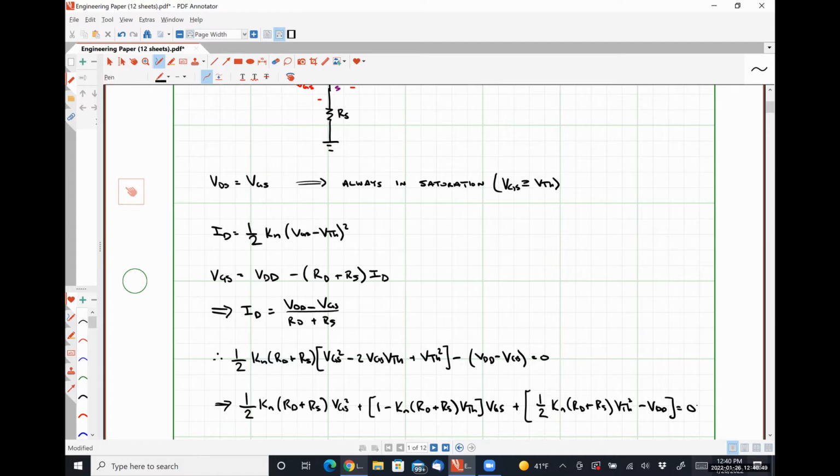There will be two solutions, one of which will always give us a value of VGS that is negative, meaning that the device is operating in cutoff. Since these equations were derived for saturation region operation, that's obviously incorrect.